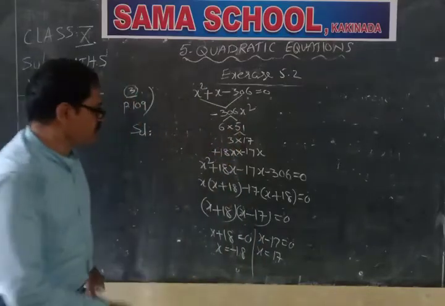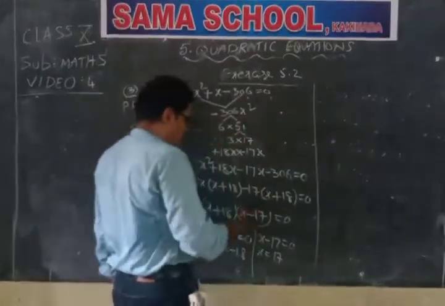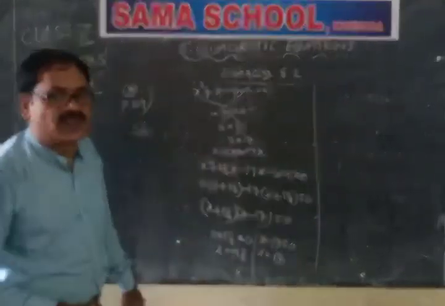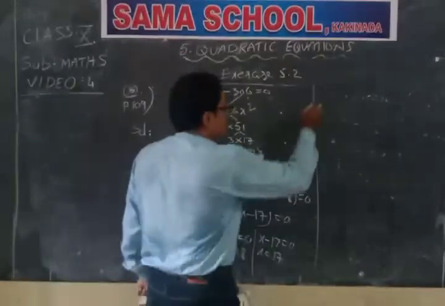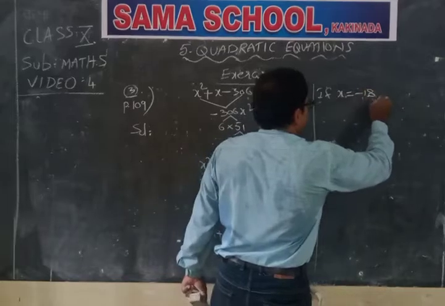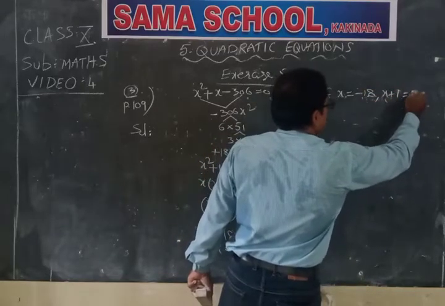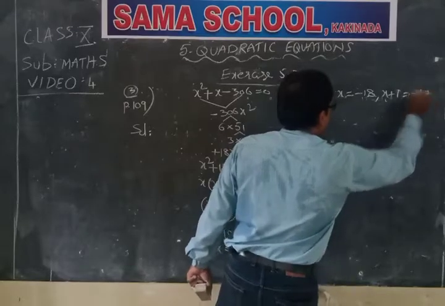Here, see, he asked you to find two positive integers. If x is equal to minus 18, x plus 1 becomes minus 17.